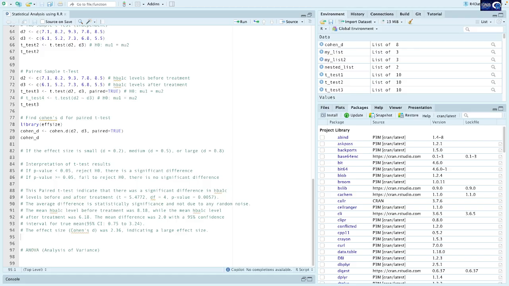Any questions on chi-square till here? Any questions?